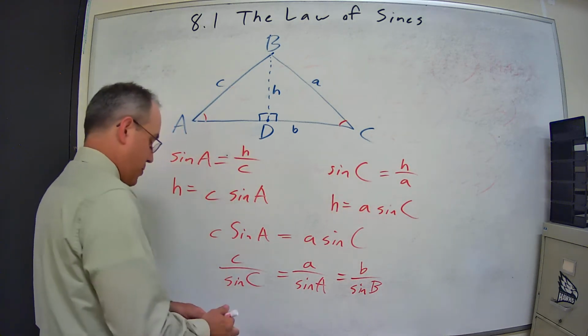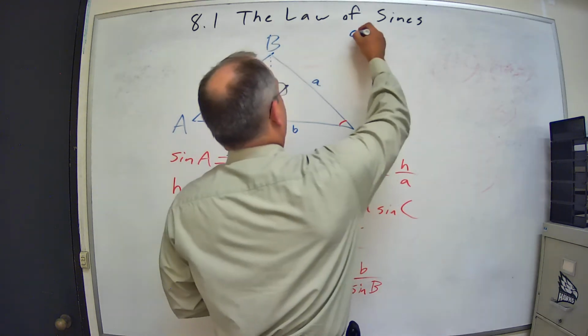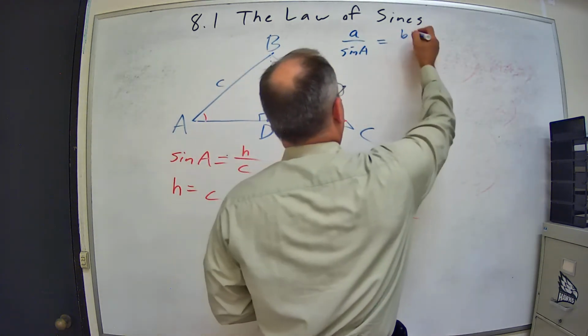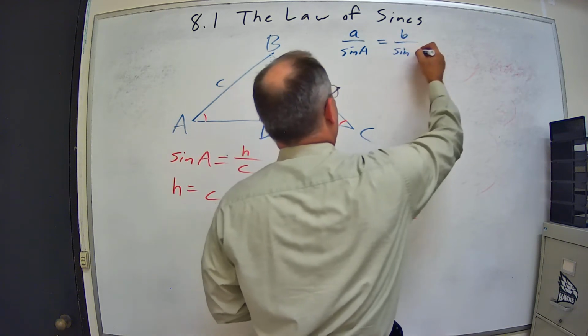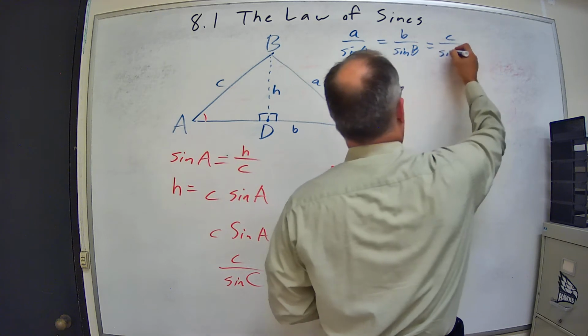So let me put this up here. Law of sines: A over sine of A is equal to B over sine of B is equal to C over sine of C.